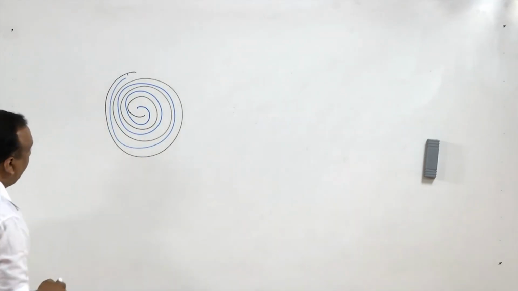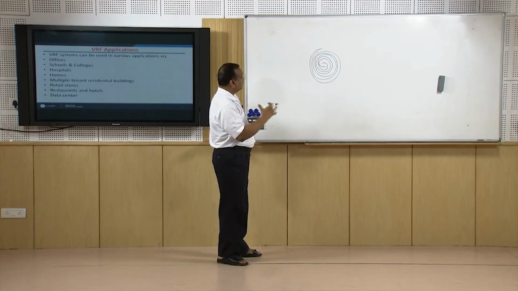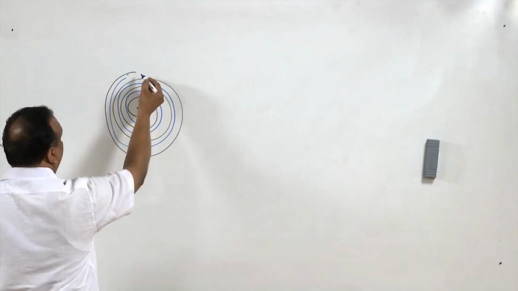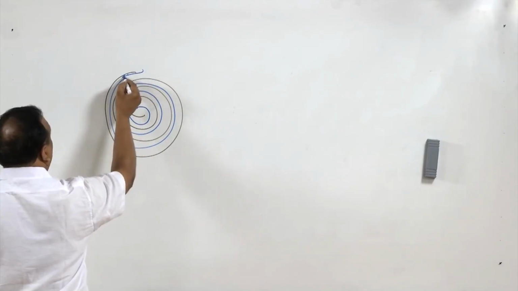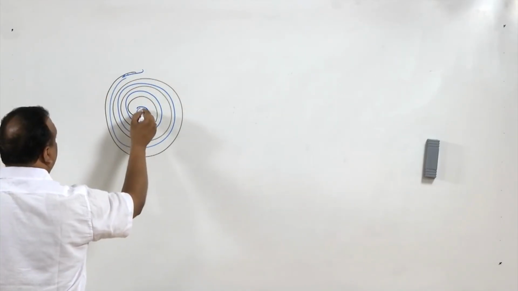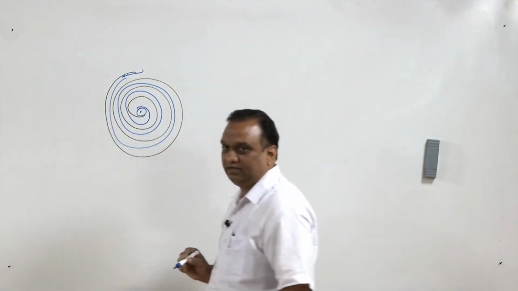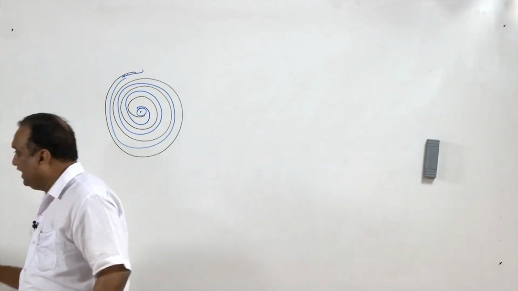One spiral revolves, not rotates, around another spiral. When they revolve around one another, the cold refrigerant entering from the evaporator side gets compressed and emerges here at higher pressure. So this compressor is used for VRF system.